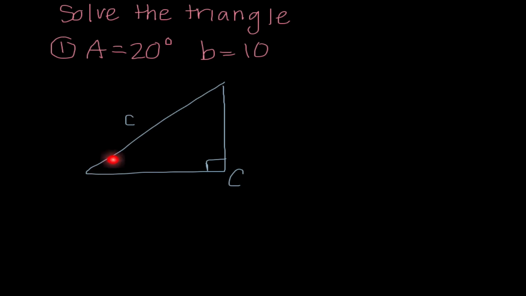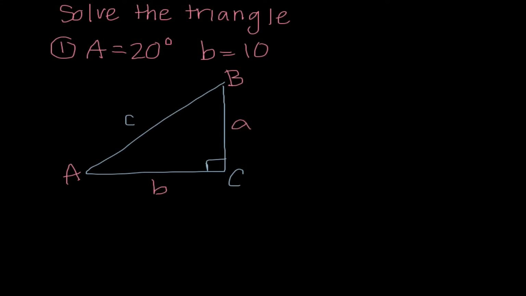You could either put angle A here or put angle A there. What is important, though, is that if this is angle A, then straight across from it needs to be side A. So I'm just going to put A here and B here, which makes our sides A and B respectively.